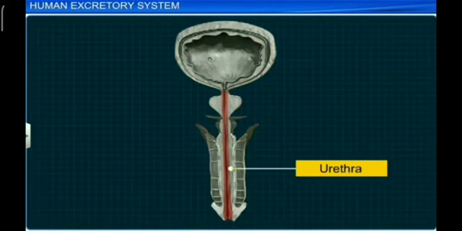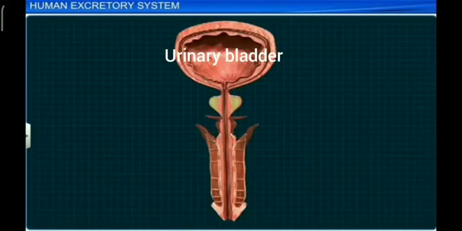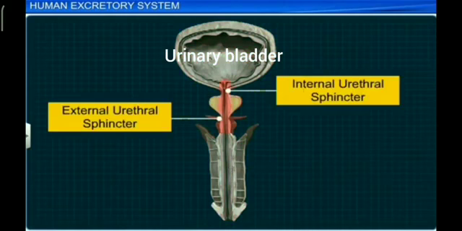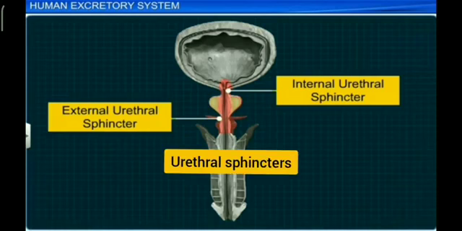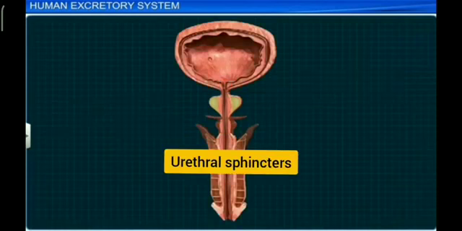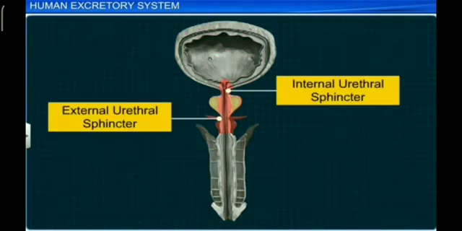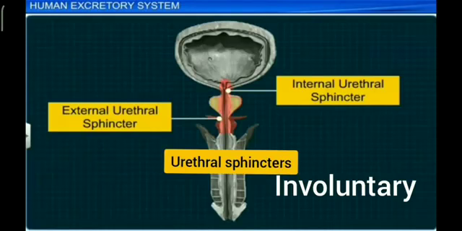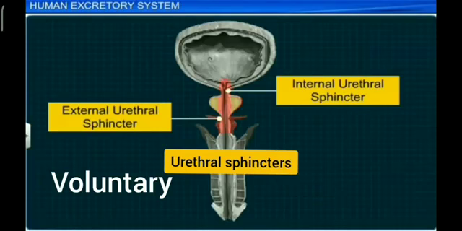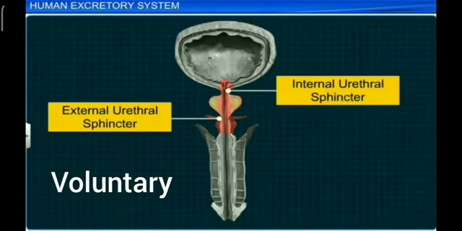Urethra is a terminal tube-like structure arising from urinary bladder and opening to the exterior of the body. It consists of internal and external sphincters. These internal and external sphincters are called urethral sphincters. Internal sphincter is involuntary in nature, whereas external sphincter is voluntary in nature.